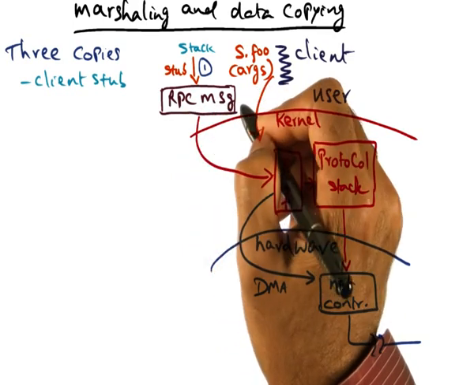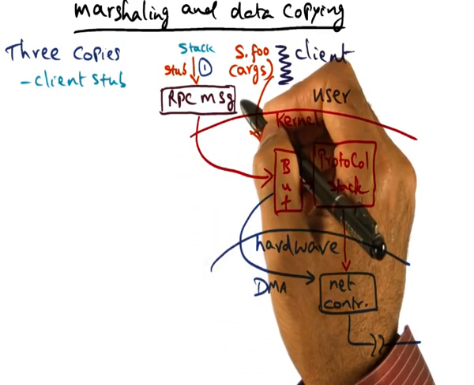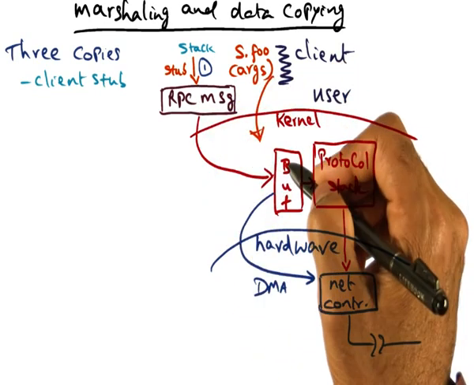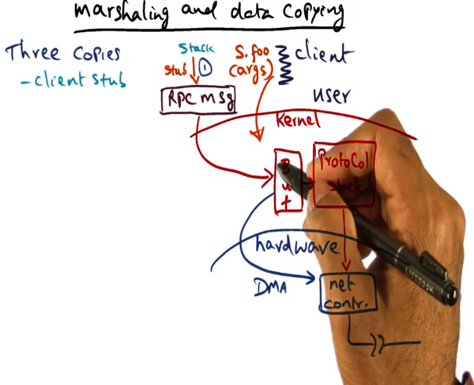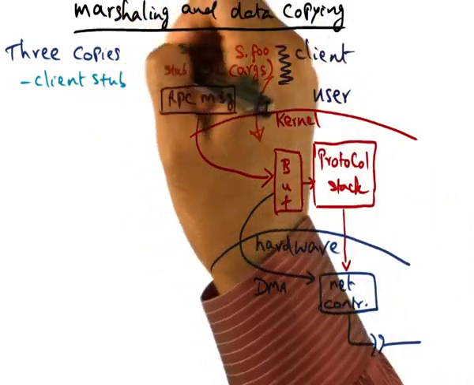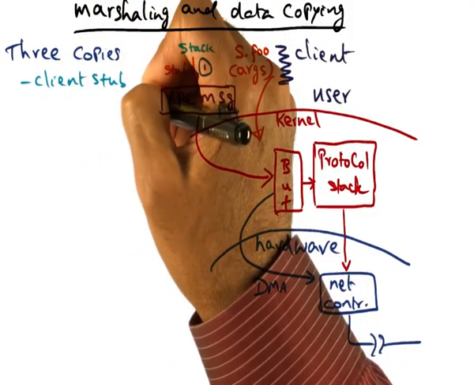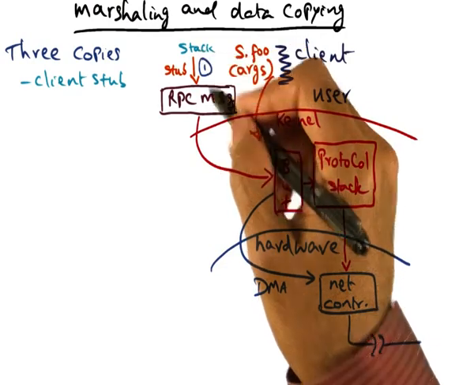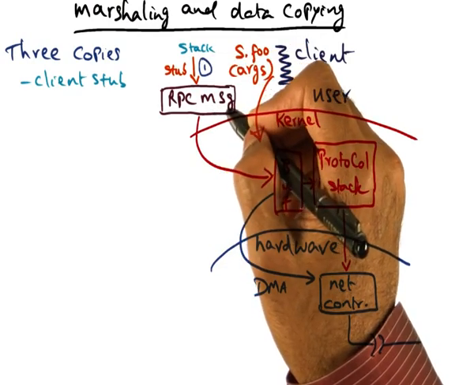So the RPC message has no semantic meaning. It is just a contiguous string of bytes which you can pass to the kernel, and the kernel can then send it out on the wire, just like any other message. That's the first thing that the stub does, and that's the first source of overhead. The client stub is making the first copy from the stack in order to create an RPC message.